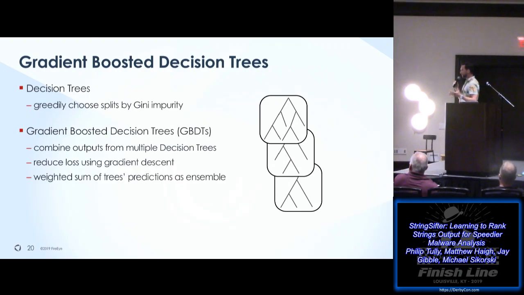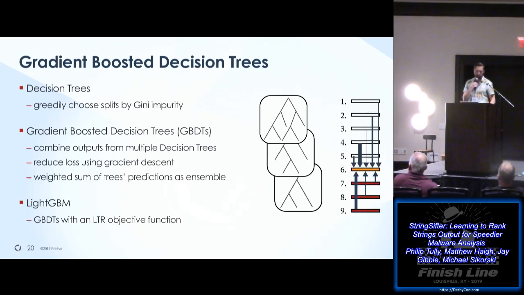And the ensemble here is going to produce a weighted sum of all of these trees, and that's going to help us generalize better. And this process is called boosting. The specific algorithm we're going to use is called LightGBM, which is based on histogram bins. But the point here is that we're not using a classification objective function, we're using a learning to rank objective function. So the point here is that we want to optimize the relative ordering of the items within this list.